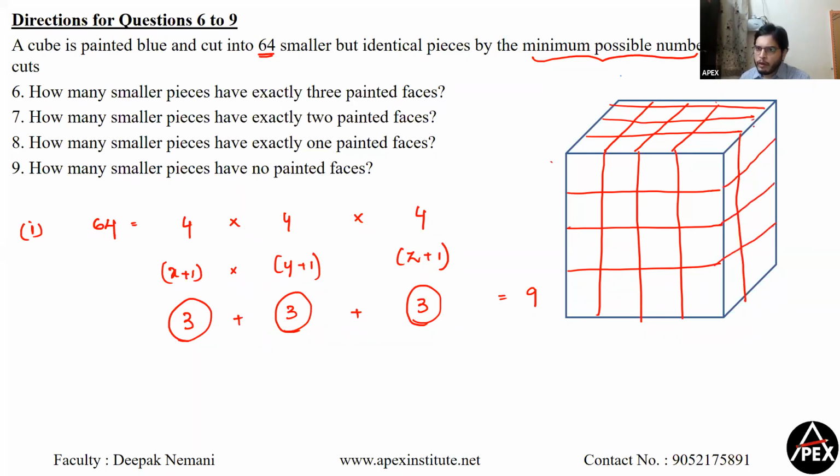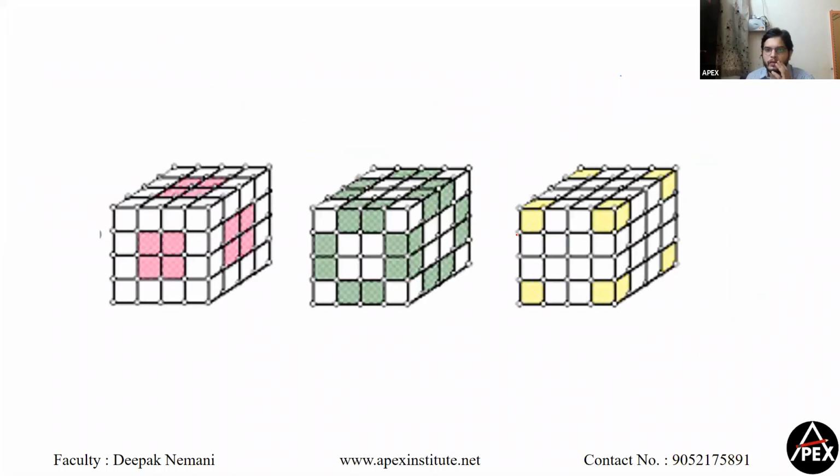How many of you visualize this? You have drawn it. Perfect. So this is how I will be making 64 smaller identical pieces. So it will be like this, isn't it?